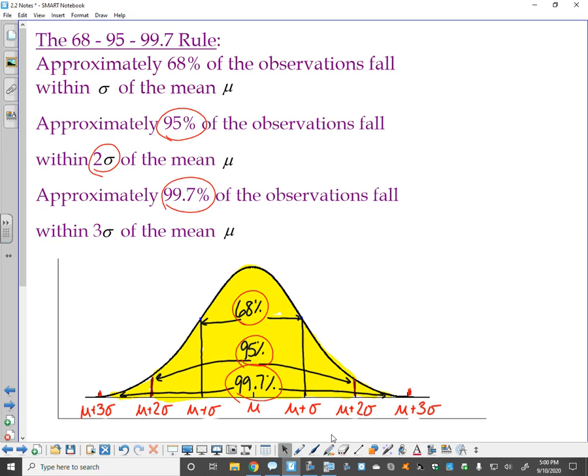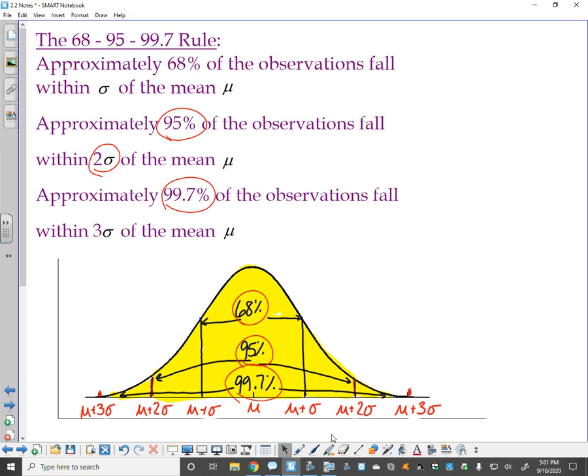So if I took all the alligators' weights or lengths or however it is you want to measure an alligator, then 99.7% of all those observations would fall within 3 standard deviations of the mean of all my data. But I'm leaving room for this massive alligator that's out there. That's why it's not 100%. There's always potential for an exception to the rule.